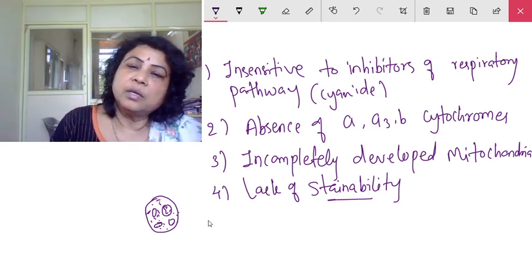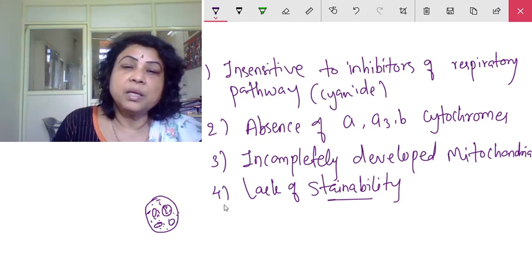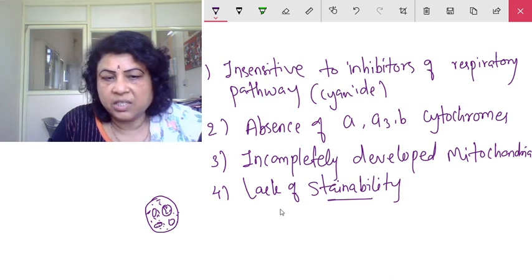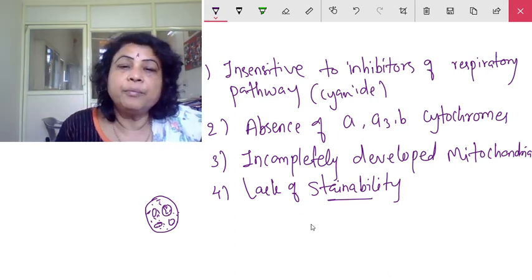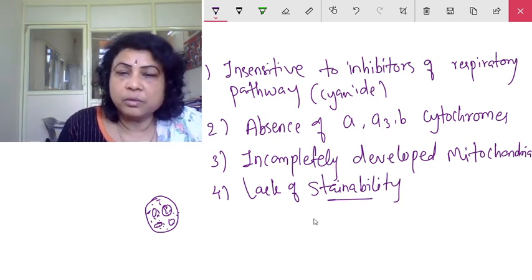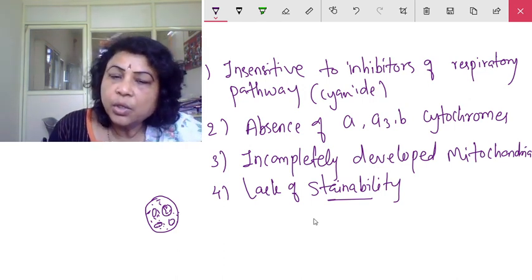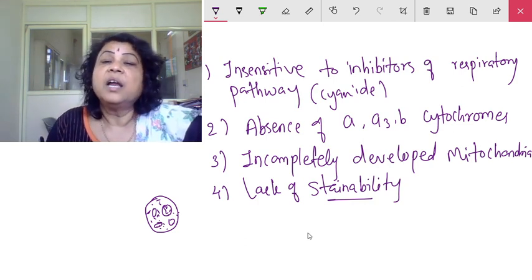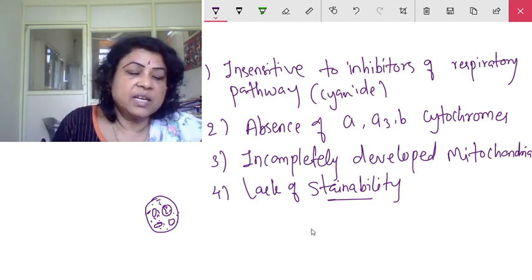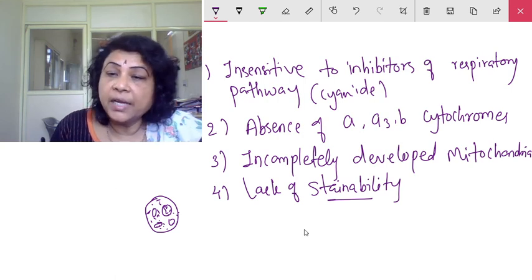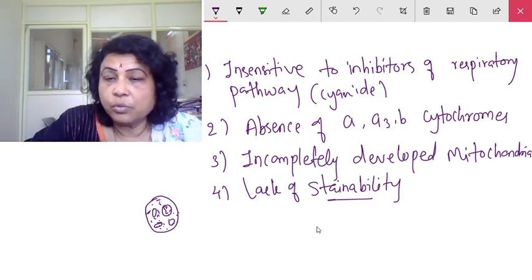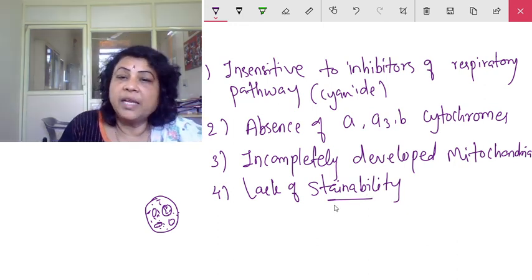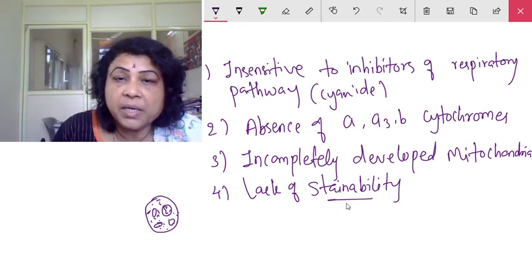Okay, so Ephrussi observed that in this petite mutant, some of the colonies of the yeast do not develop very well in the sugar culture, particularly on glucose. So he made the study, and he observed that some mitochondria are incompletely developed, lack stainability, and have a defective aerobic respiratory pathway.